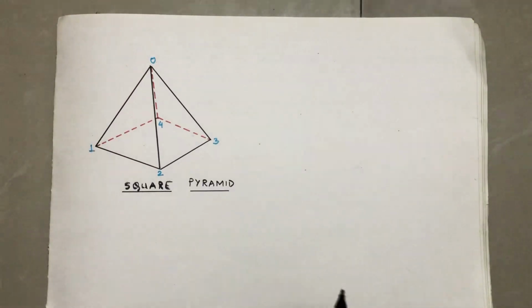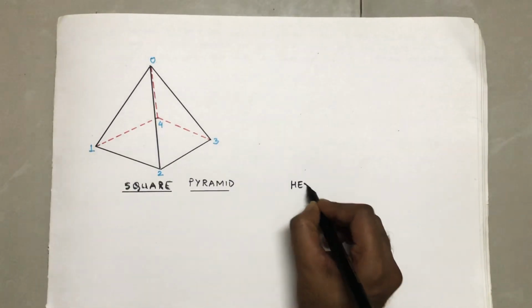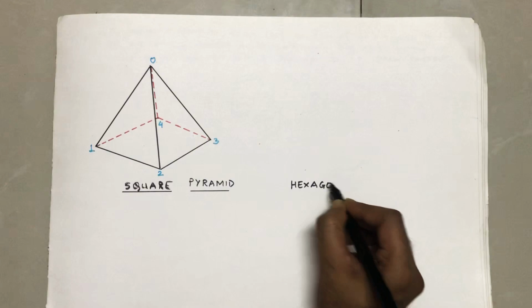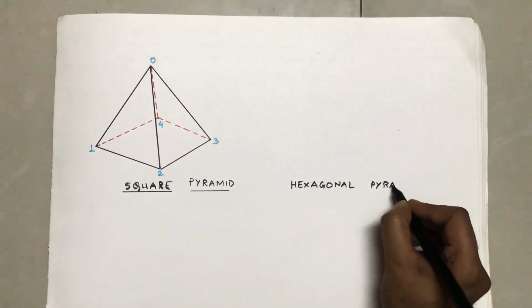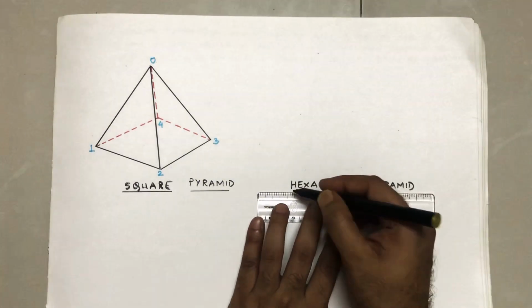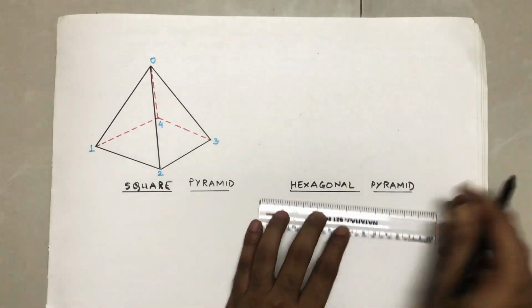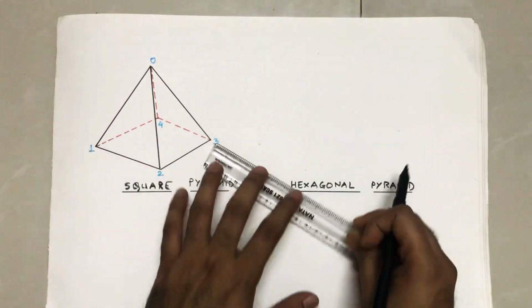All right. Now, again, let us talk about a hexagonal pyramid. As the name suggests, hexagon, it would mean that the shape of the base of this pyramid is going to be a hexagon. Let us see how it looks like.